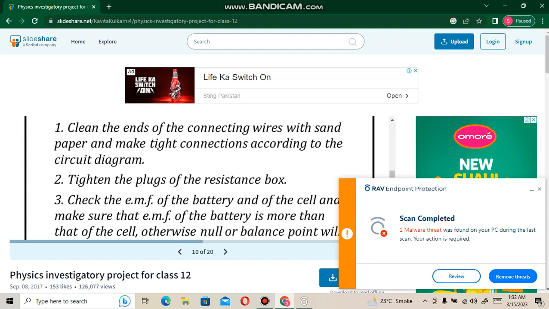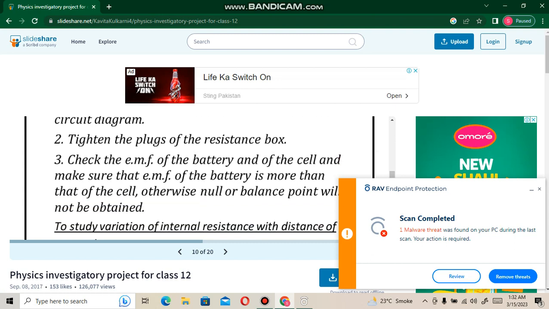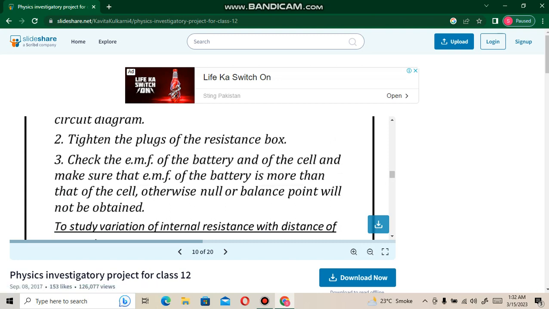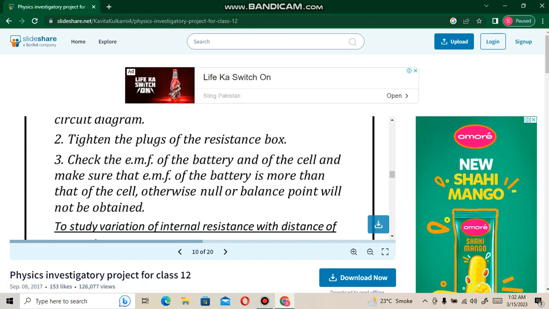Tighten the plugs of the resistance box. Check the EMF of the battery and of the cell and make sure that the battery EMF is greater, otherwise null and balance point will not be obtained.